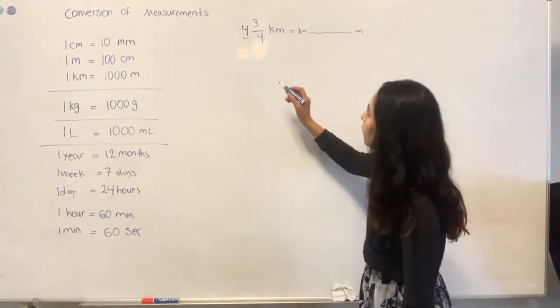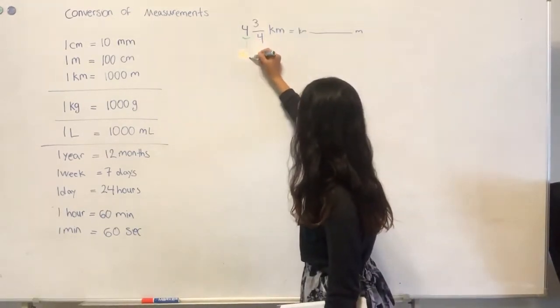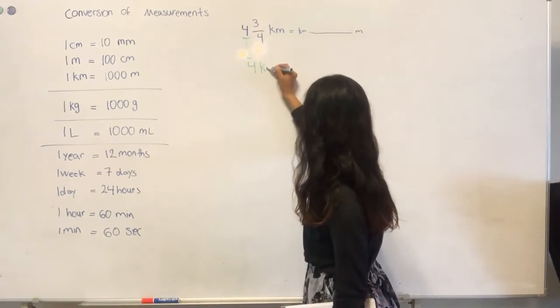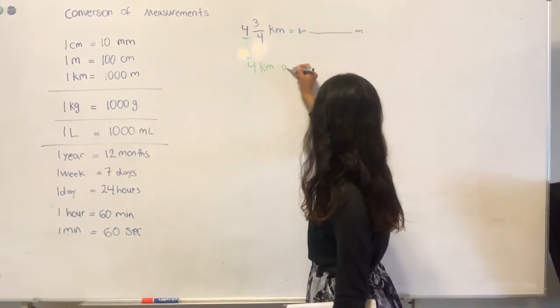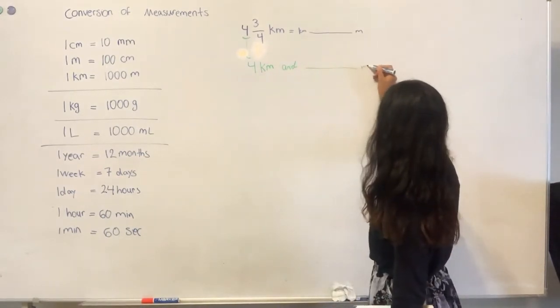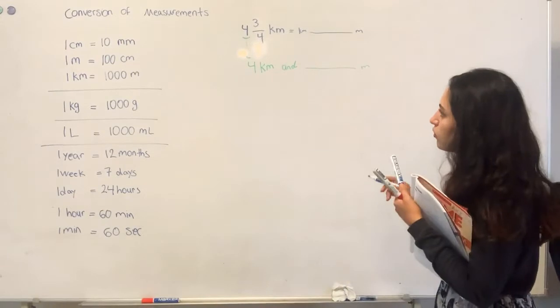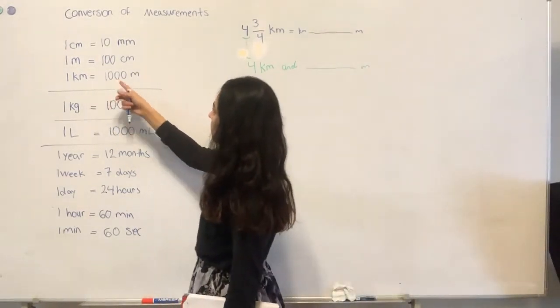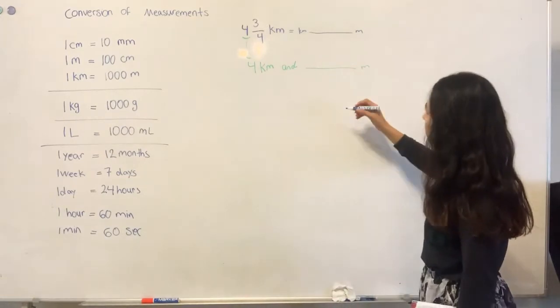So right away we know it's 4 kilometers and how many meters? Then we have to find out. So we know 1 kilometer is 1,000 meters.